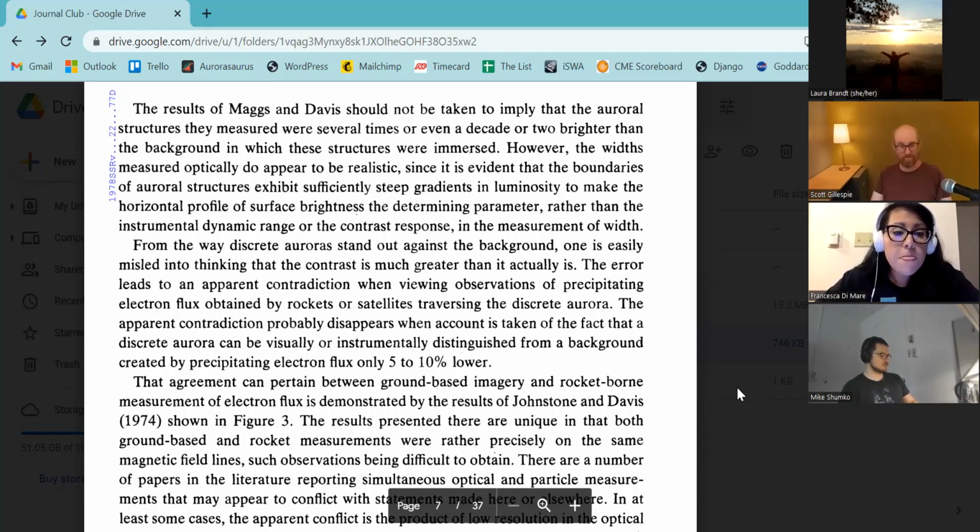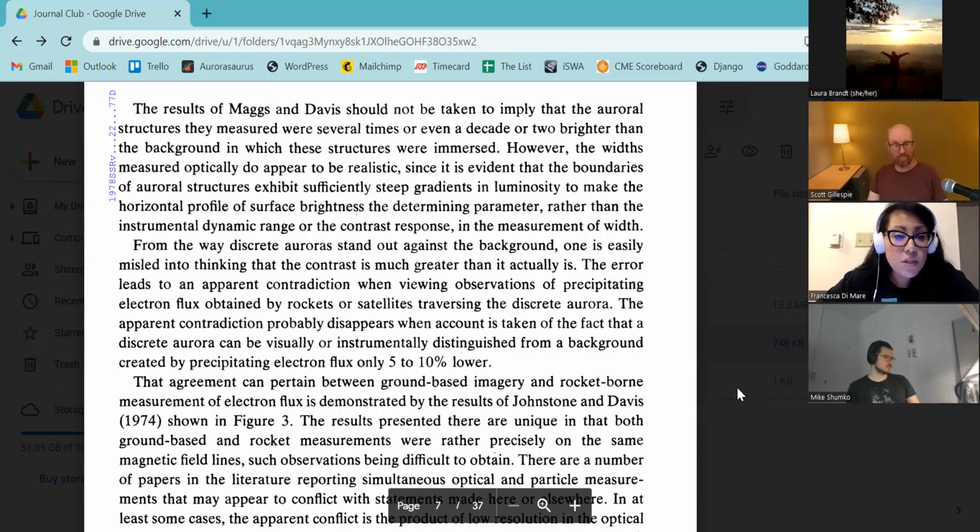From the way discrete auroras stand out against the background, one is easily misled into thinking that the contrast is much greater than it actually is. The error leads to an apparent contradiction when viewing observations of precipitating electron flux obtained by rocket or satellite traversing the discrete aurora.